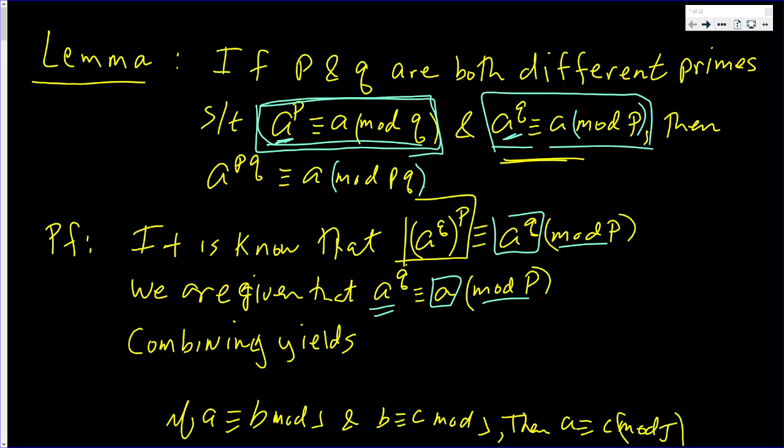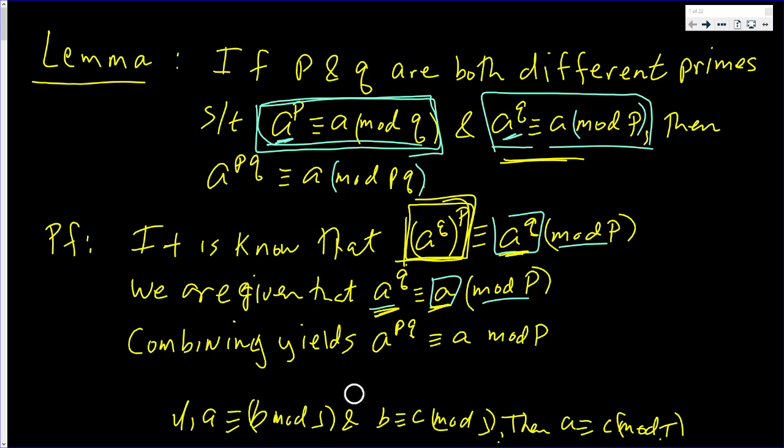There's a video proving this on my channel, of course. So another way of writing this is a to the pq is congruent to this, which is congruent to that, which is congruent to a mod p.